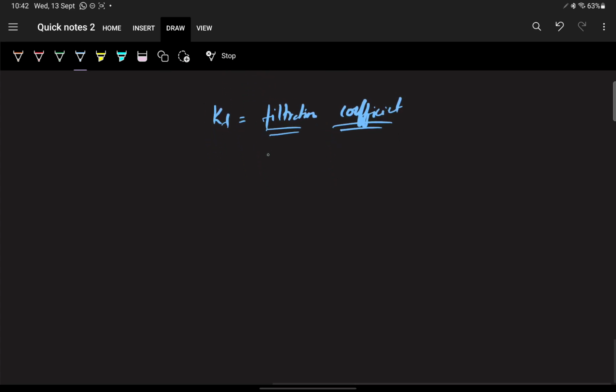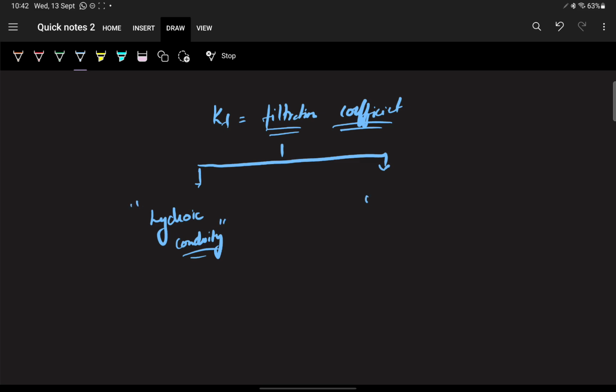In order to understand this, the filtration coefficient has two components: the hydraulic conductivity and, not only that, surface area. This filtration coefficient is dependent on two factors. One is hydraulic conductivity, the other one is your surface area.